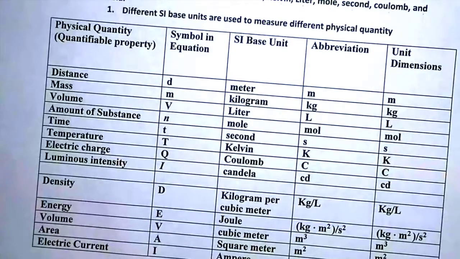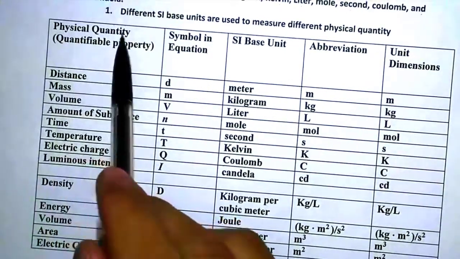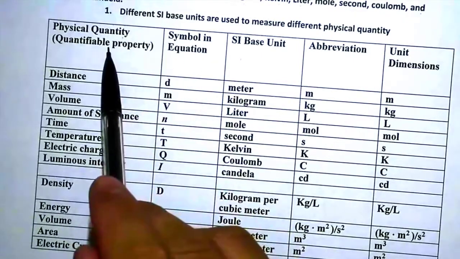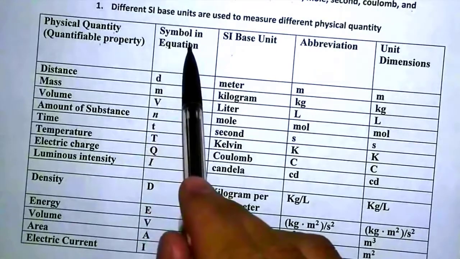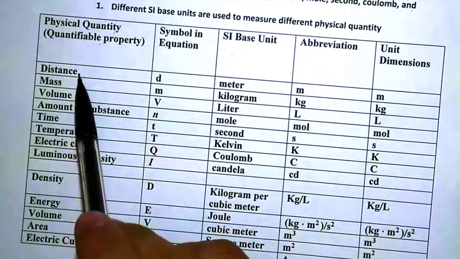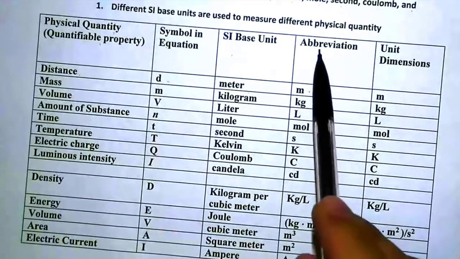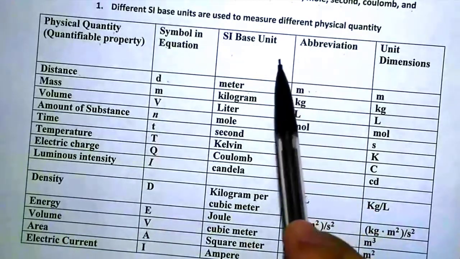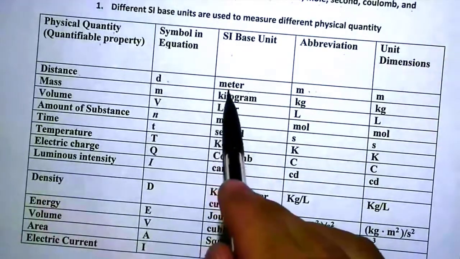If we look at this table, we have the physical quantity that each of the SI base units is used to measure. Then we have the symbols that represent the physical quantity in an equation. Then over here we have the abbreviation of the SI base unit, because when we record our measurement, we're not going to write the whole word meter or kilogram.